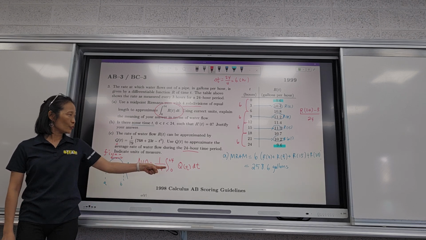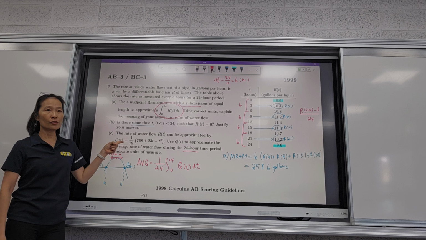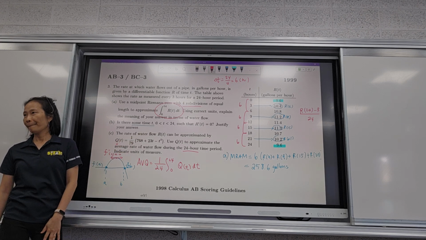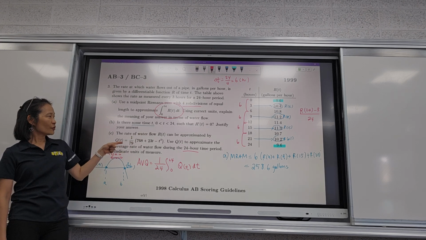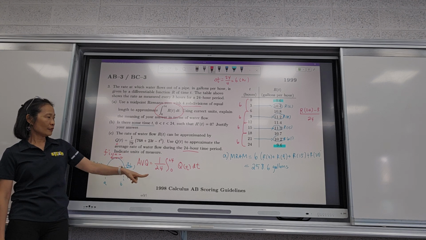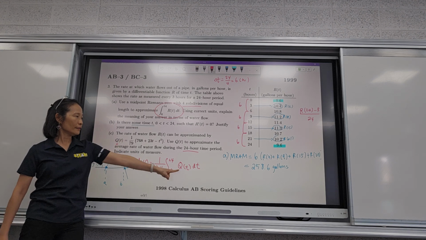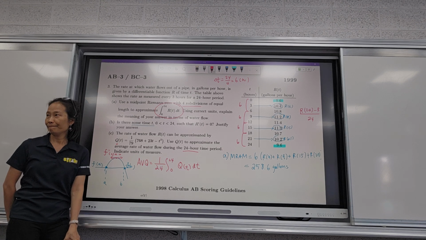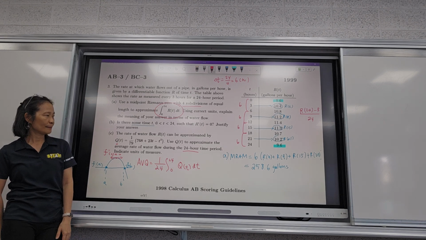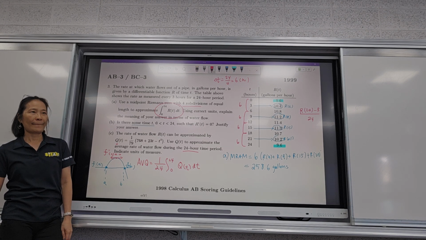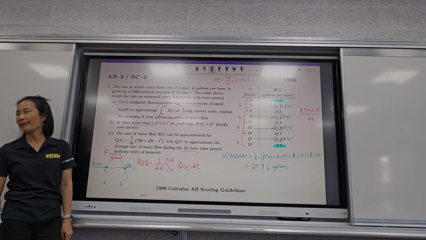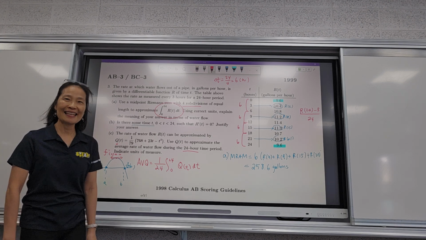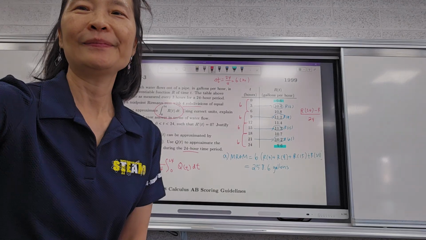So can you put this function into your y1 and then take the integral from 0 to 24 of y1. Don't forget to divide it by 24. Yeah. All right, that is that question.